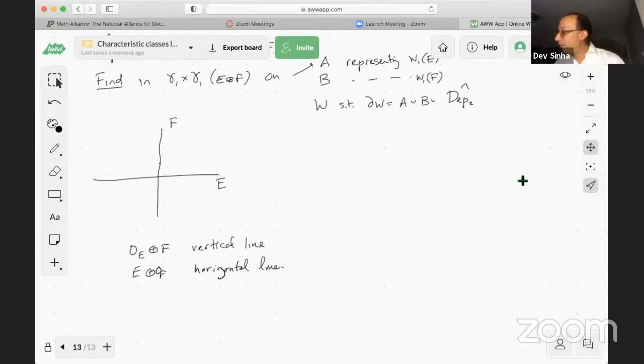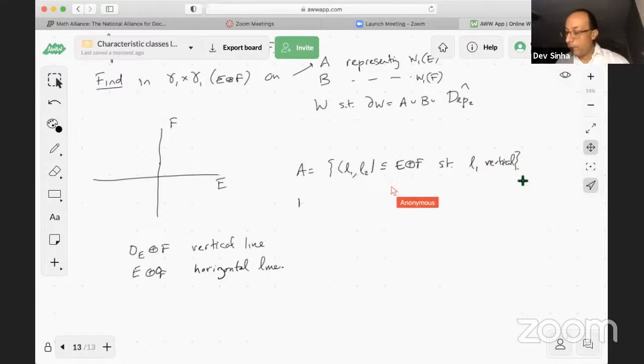And then what A is going to be is, again, we've got collections L1, L2 in gamma 1 cross gamma 1, or I can say as subspaces of E plus F, such that L1 is vertical. So L1 is this 0E plus F. And B is going to be similarly defined, but it's going to be L2 horizontal.